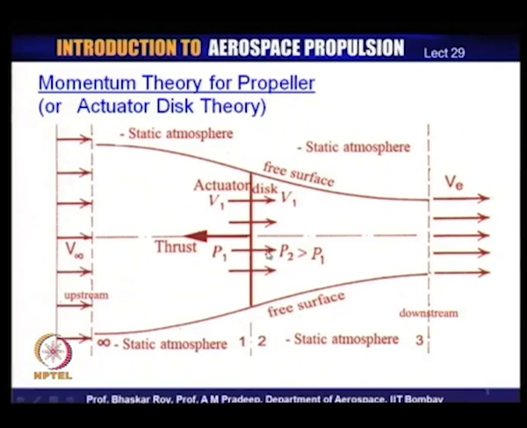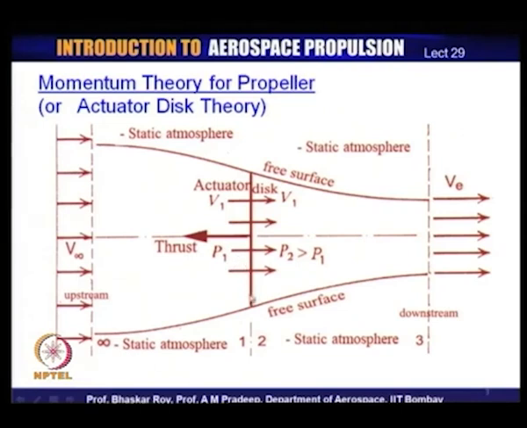Across the actuator disc, there is a change of pressure. It changes from P 1 to P 2. This is a jump change from P 1 to P 2, and P 2 will have to be more than P 1, and the differential pressure on the two sides of the actuator disc actually creates the thrust.